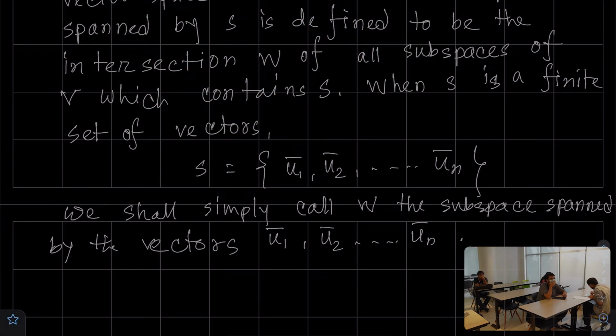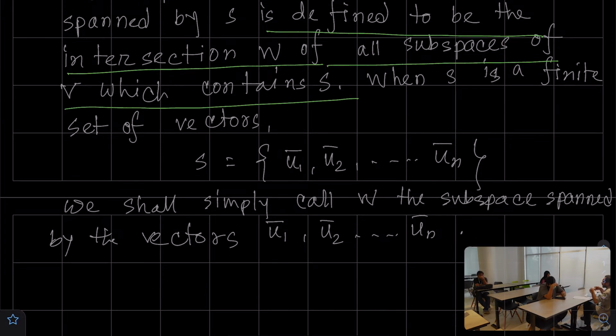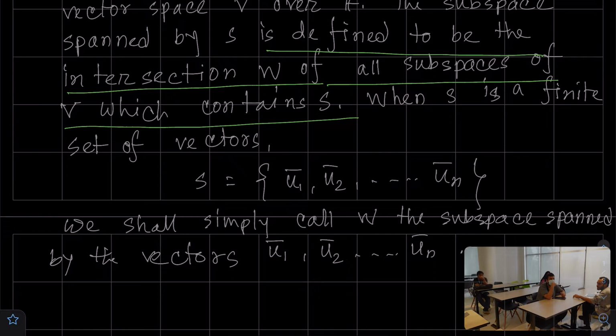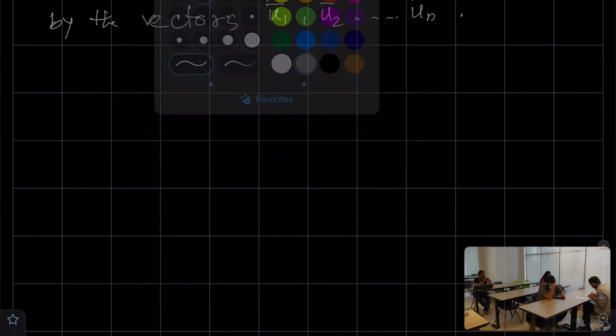The span by S is defined to be the intersection W of all subspaces of V which contain S. So we are going to consider all those subspaces which contain the set S, and if you take the intersection of all those subspaces, you get the span. This S is common to all; the set S has to be in all those subspaces. Okay. So now, there is a theorem.